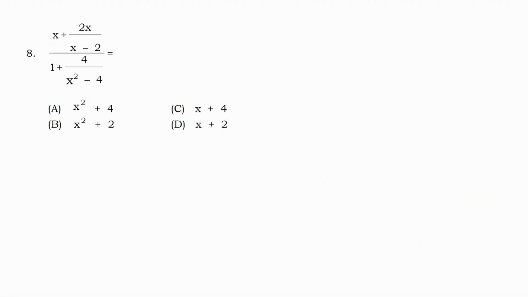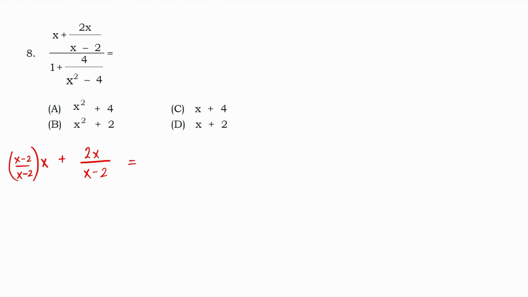tsaka natin ipagsama later. So, solve muna natin yung x plus 2x over x minus 2. So, ito muna. Since, ayan, diba kapag nag-add nga tayo ng fractions, dapat same yung denominator nila. So, i-multiply natin tong x sa x minus 2 over x minus 2. Yan.